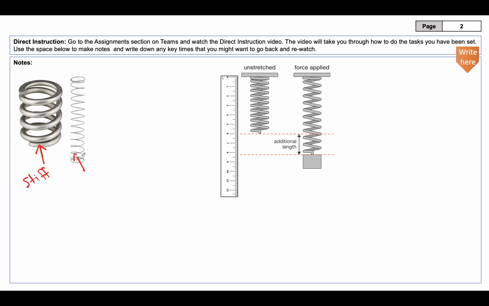So this one is easy to stretch. This would have a low spring constant, whereas this one over here, this would be really hard to stretch.